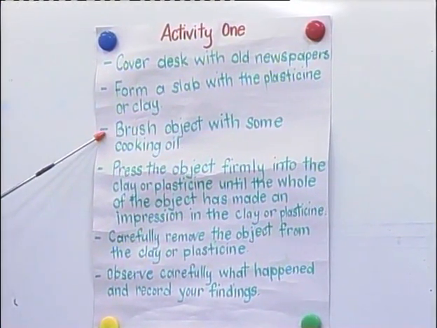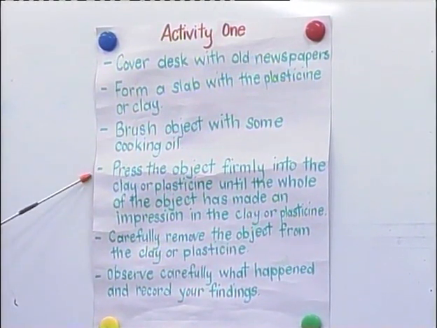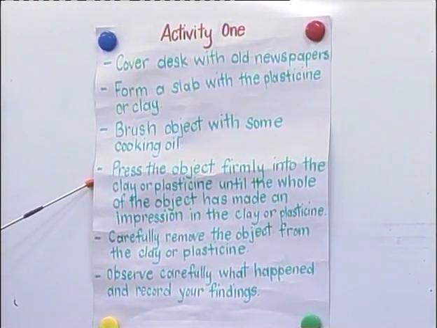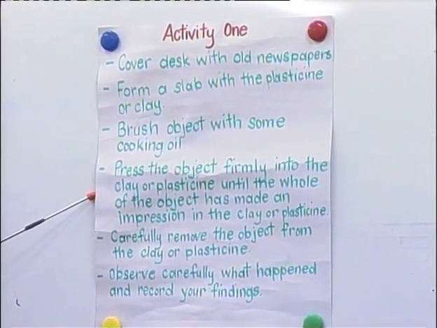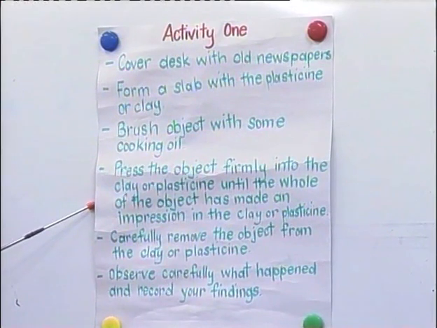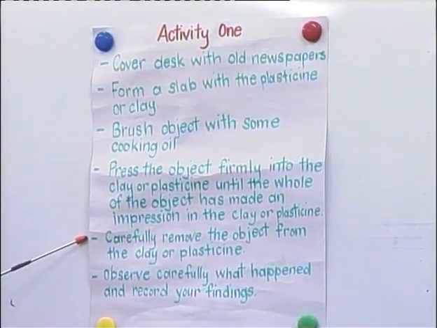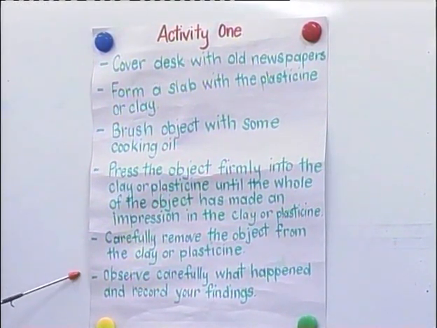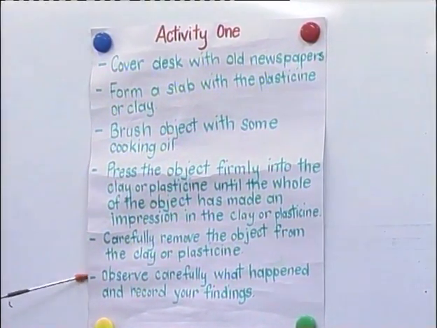That is an alternative; you can do without cooking oil. Then you press the object firmly into the clay or plasticine until the whole of the object has made an impression in the clay or plasticine. Carefully remove the object from the clay or plasticine. Observe carefully what happened and record your findings.